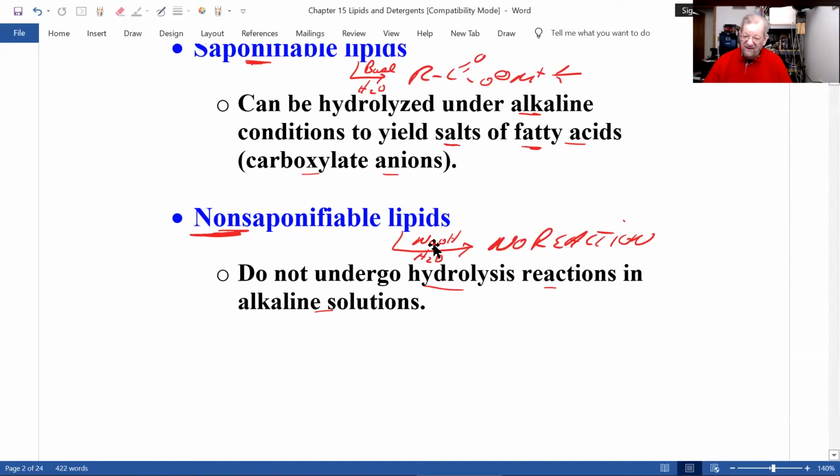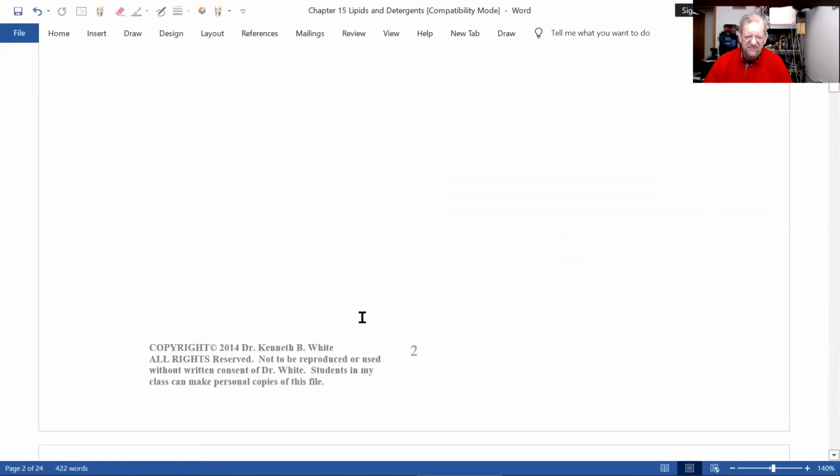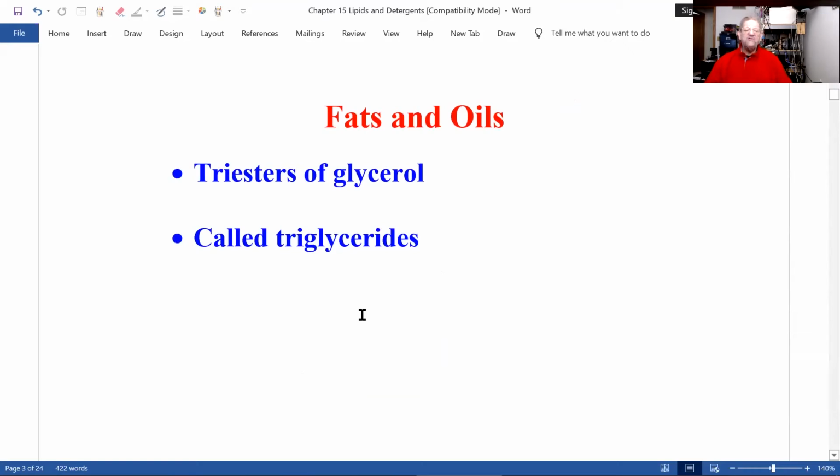Non-saponifiable lipids cannot react with base to make anything. Now, when we talk about lipids, what we're really talking about are saponifiable lipids. We're really talking about fats and oils.